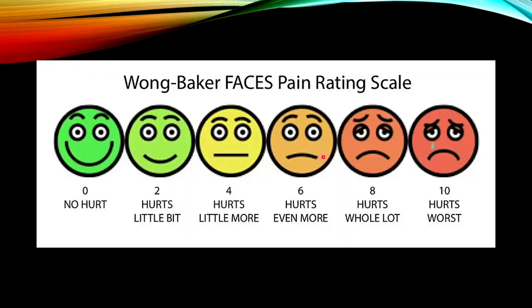Then the Wong-Baker Faces Pain Rating Scale. 0 no hurt, 2 hurts a little bit, 4 hurts a little more, 6 hurts even more, 8 hurts a whole lot, 10 hurts worst.